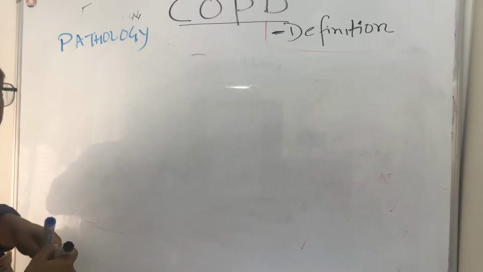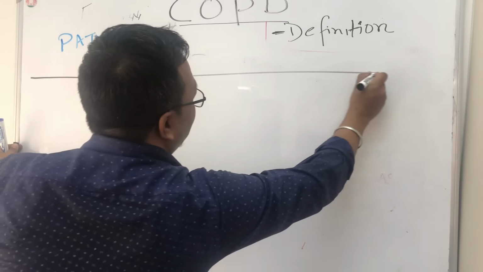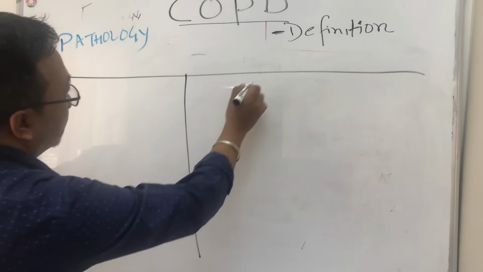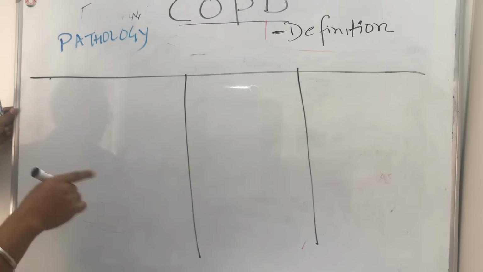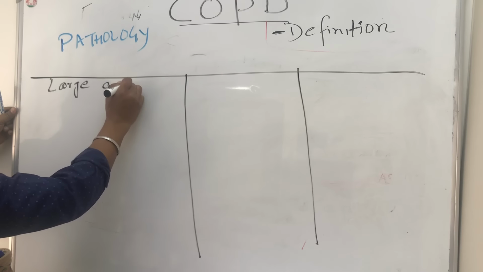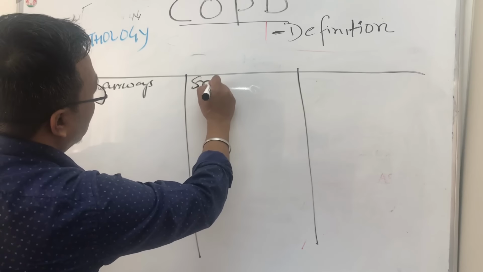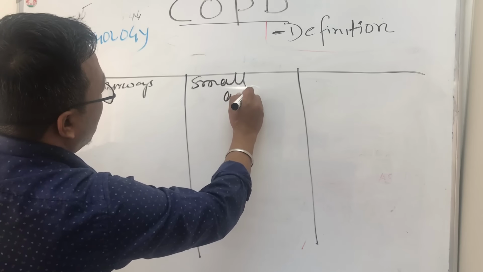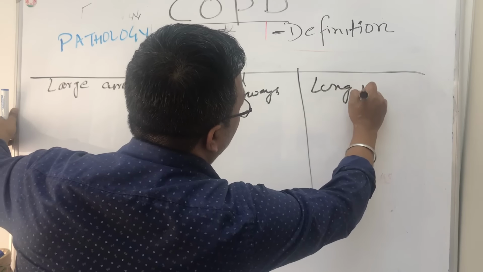So pathology, when you write pathology, you will divide the COPD into 3 types. That is, what happens in pathology in large airways, what happens in small airways, and lung parenchyma.